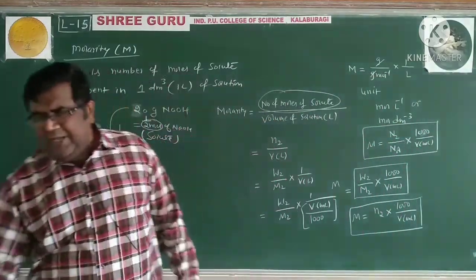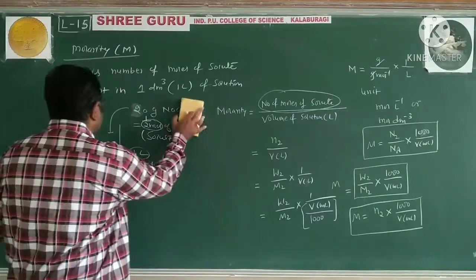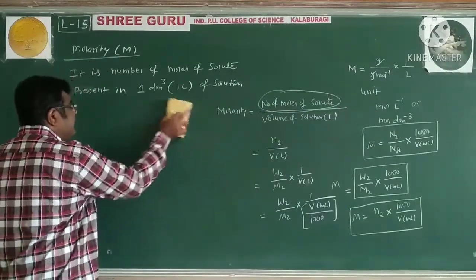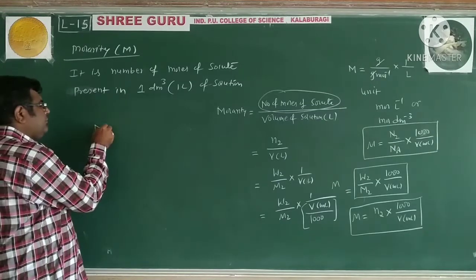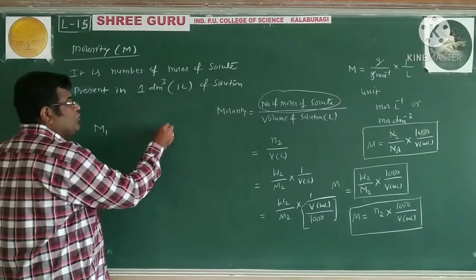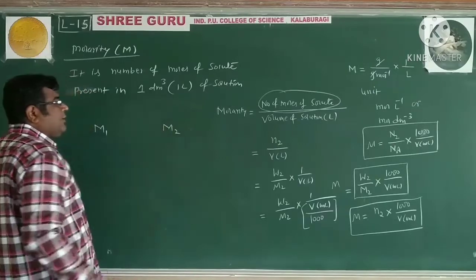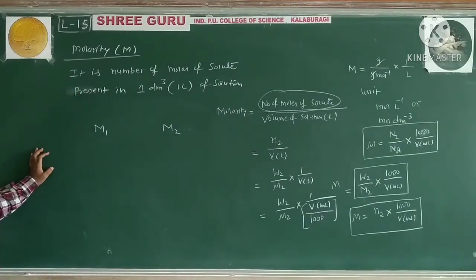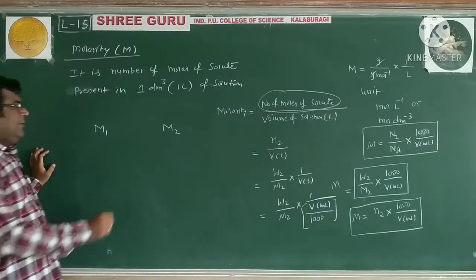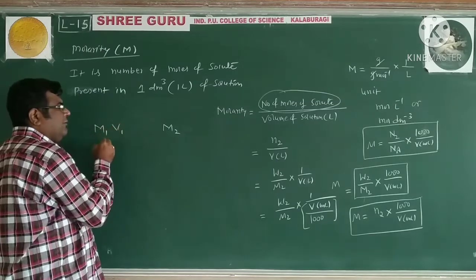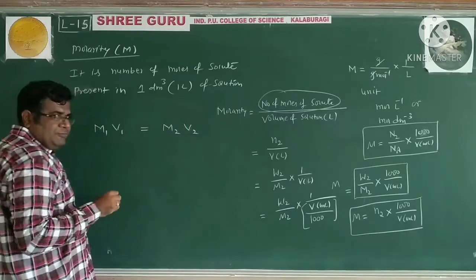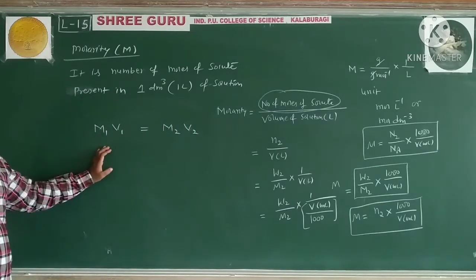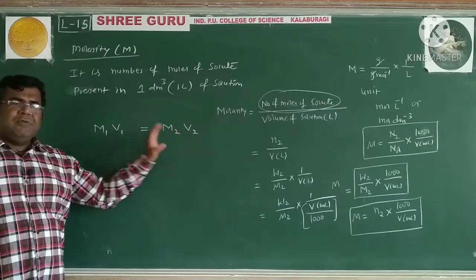Now, if we have one solution of molarity M1 and we want to convert that into M2, we can do that. The volume V1 has to be converted into V2. And M1 V1 is equal to M2 V2.